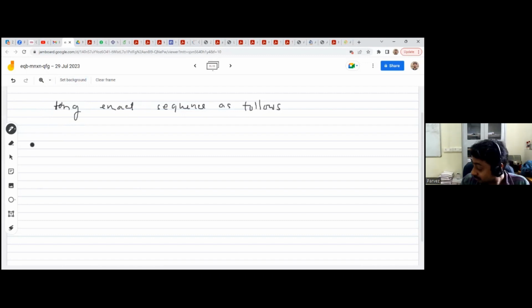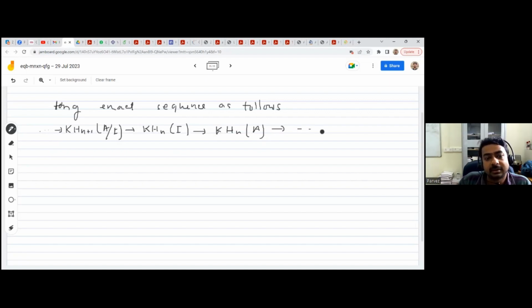Let me write down the long sequence: KH n plus 1 of A mod I maps to KH n of the ideal, which maps to KH n of A, and then this goes on. This helps us to calculate some homotopy K theory.